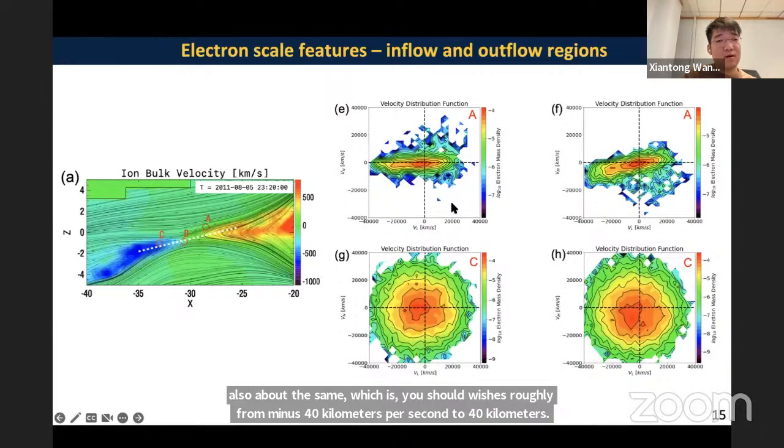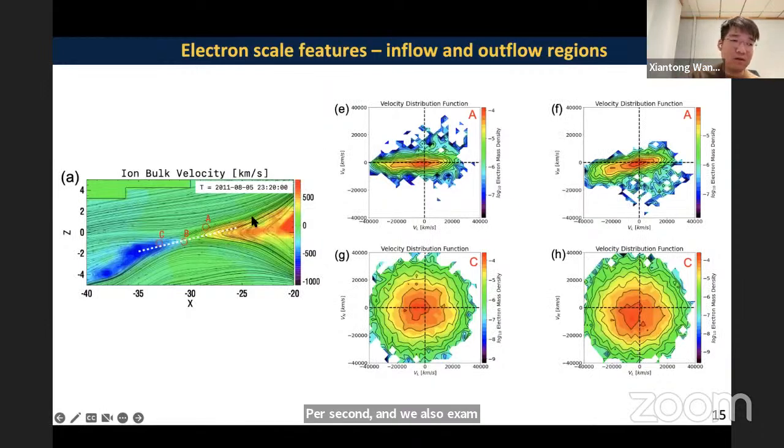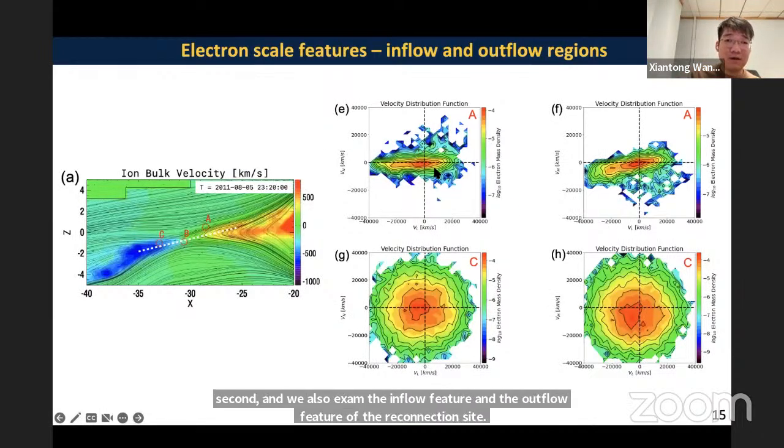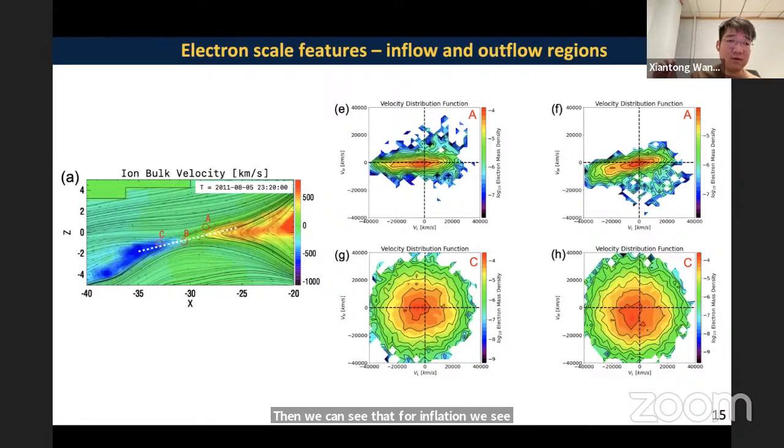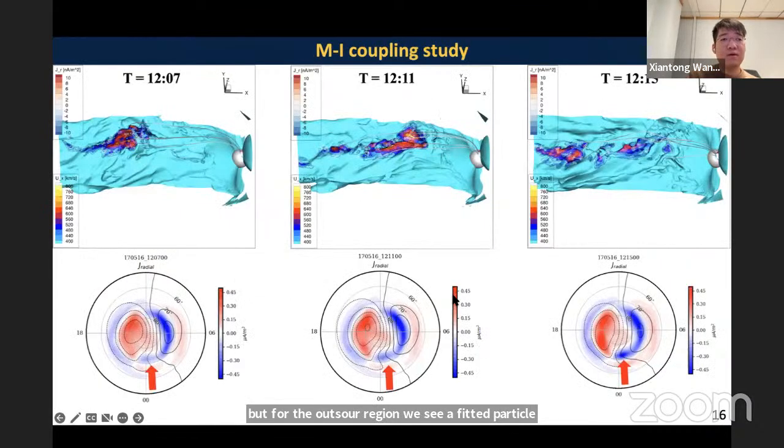And we also examine the inflow feature and the outflow feature of the reconnection site, and we can see that for the inflow region, the particles are usually distributed along the field lines, and for the outflow region, we see heated particle distributions with a shifted core of the Maxwellian.